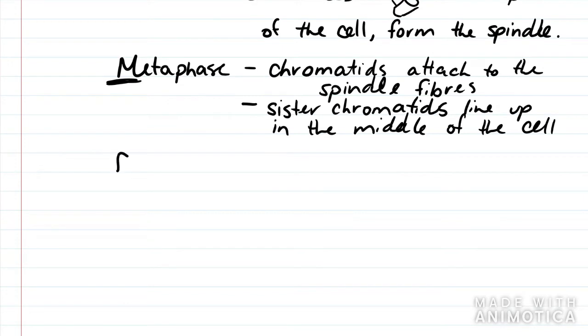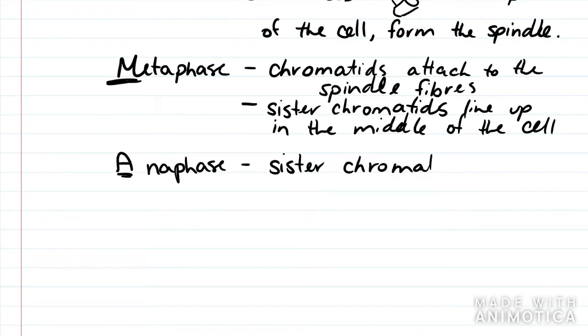Next, we have anaphase. And this is when the sister chromatids are pulled apart. They move to where the centrioles are, so to the opposite poles of the cell.